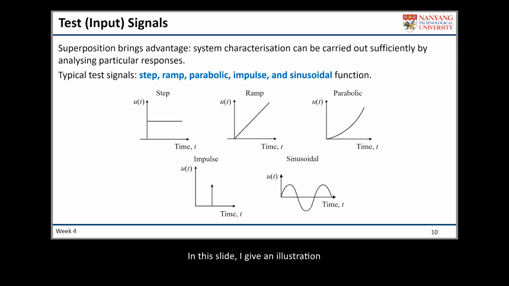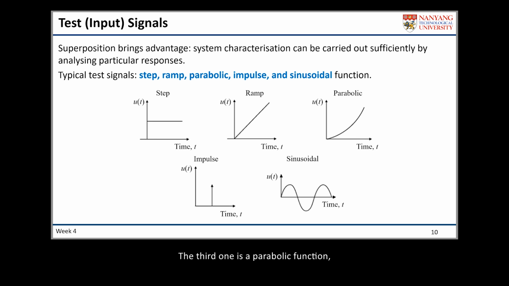In this slide, I give an illustration of some typical simple signals. The first one is a step function. A step function basically is just a constant function. The second one is a ramp. A ramp is a linear function in time.